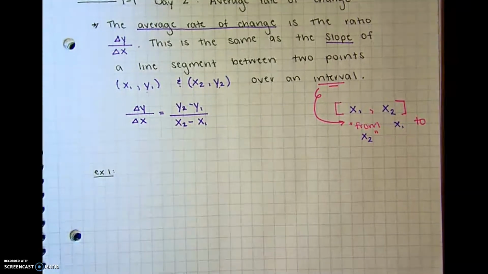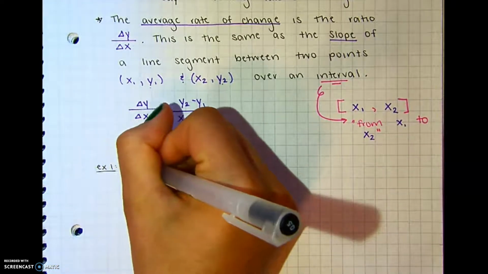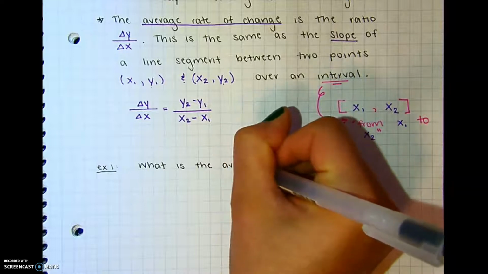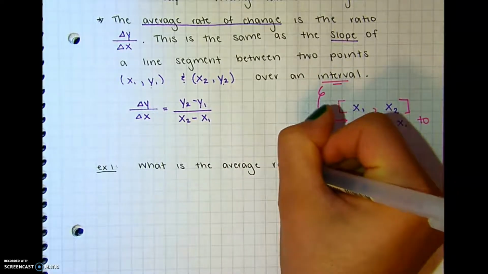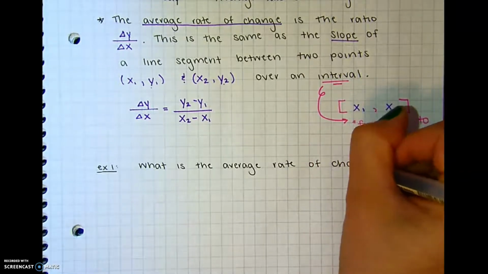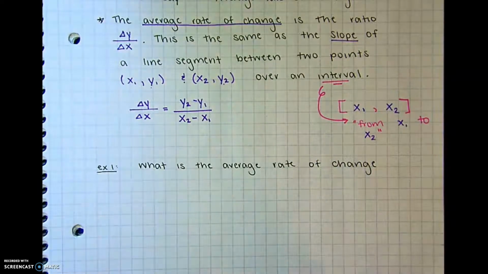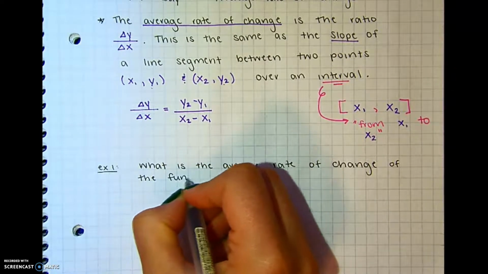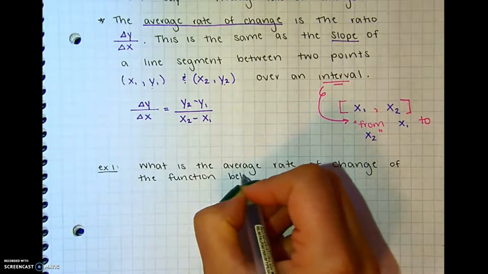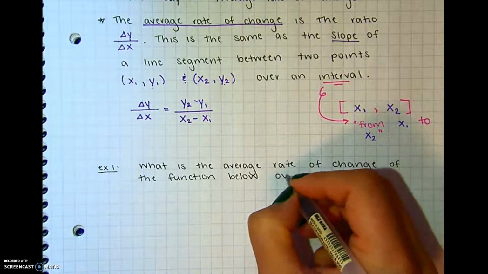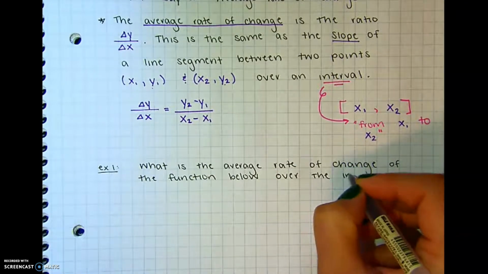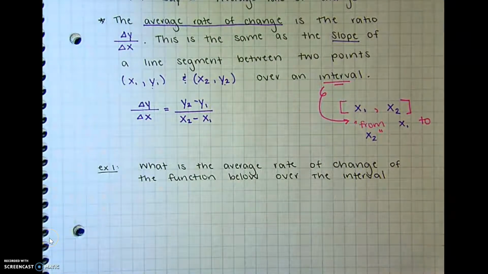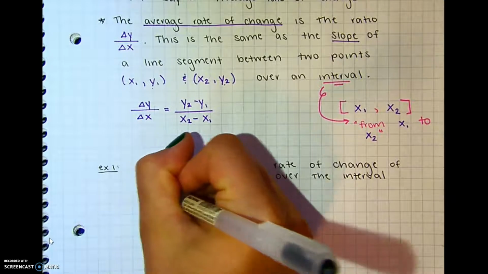So an example will look like this. What is the average rate of change of the function below over the interval -2 to 0?